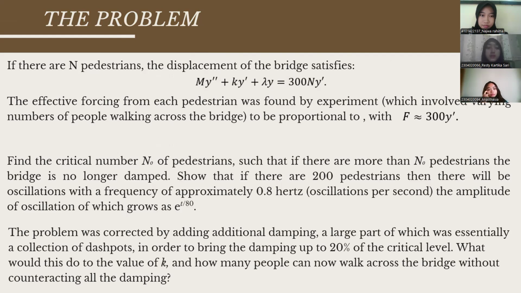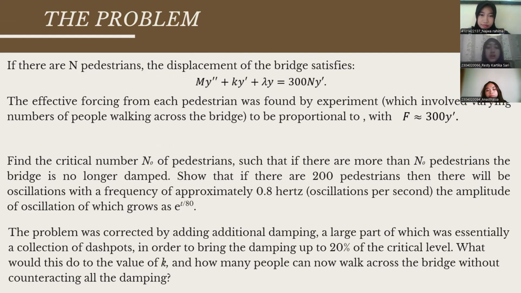We have to find the critical number n0 of pedestrians such that when there are more than n0 pedestrians, the bridge is no longer damped, and show that if there are 200 pedestrians, then there will be oscillation with a frequency of approximately 0.8 Hz, that is, oscillations per second, and the amplitude of oscillation grows exponentially.